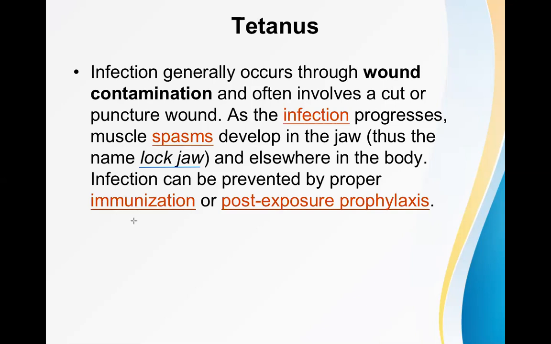Now, which immunization do we give against tetanus? What is the name of the immunization? Sir, we can use the vaccine which is used for diphtheria, tetanus toxoid and acellular pertussis. Exactly, that is right. I'm sure many students know this.